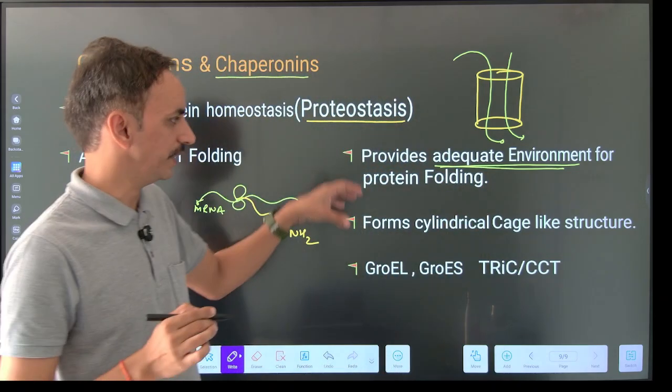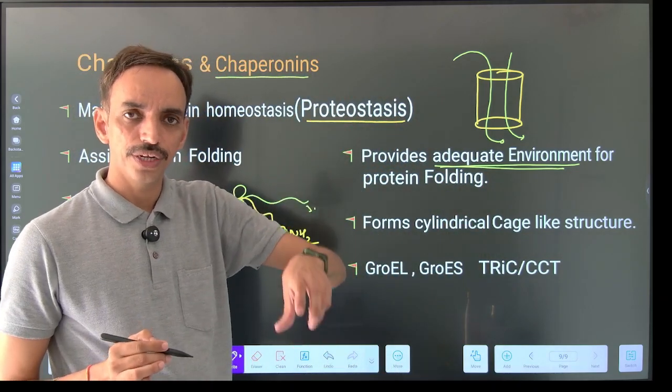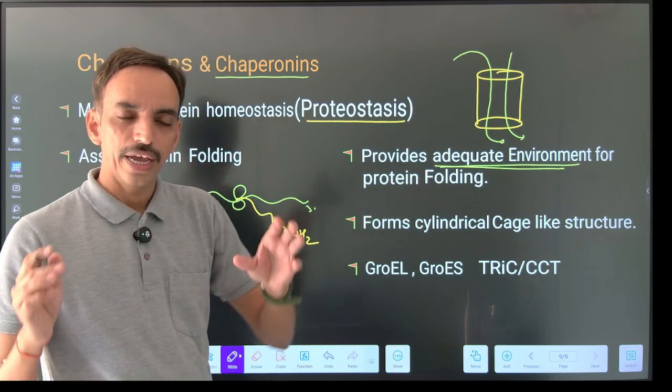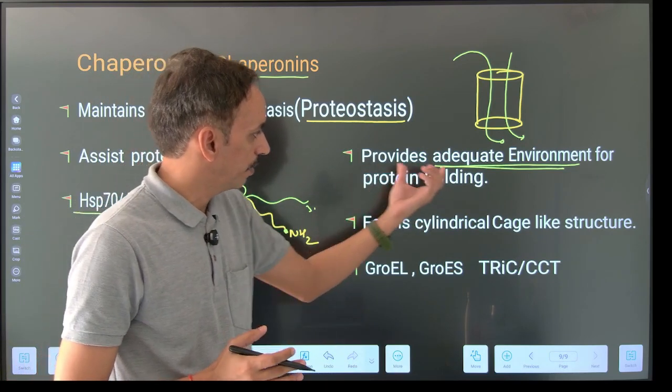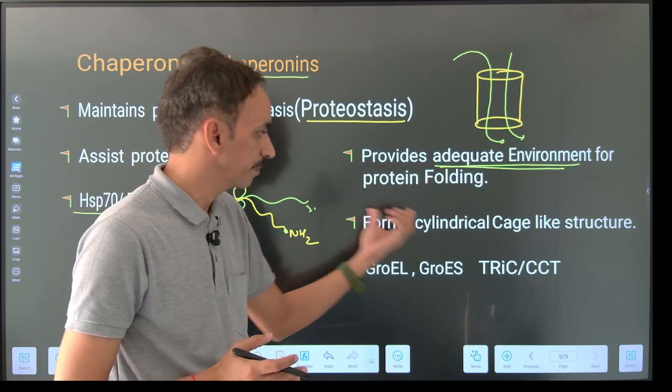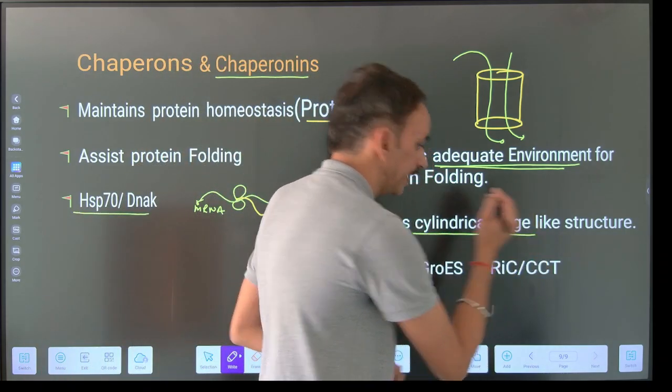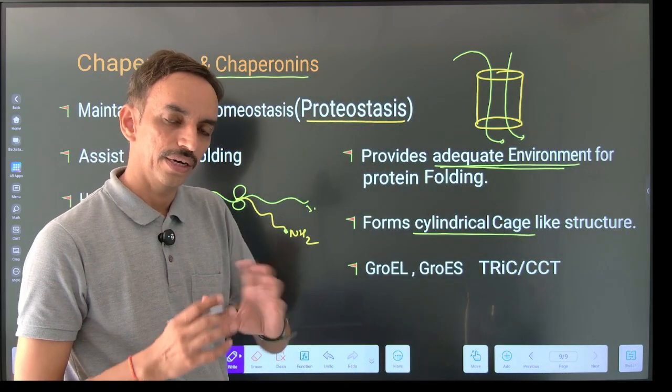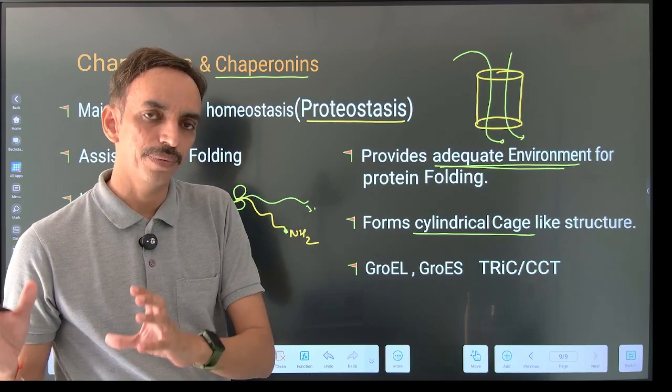So we can say these chaperonins are directly involved in protein folding. They generally form cylindrical structures that allow the protein to fold in a proper way.